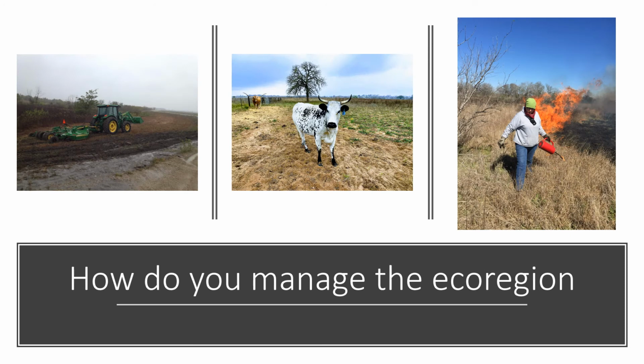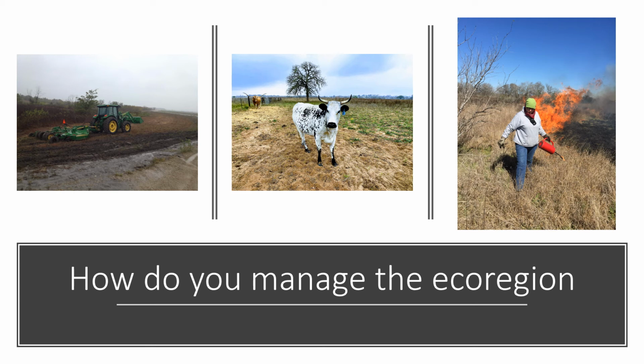So when you're thinking of managing your property, you should think of what was there historically and try to mimic that practice and that effect. All of those things fall under Aldo Leopold's tools, which are the axe, cow, plow, fire, and gun. And with those things, or something that imitates that, you can manage your property.